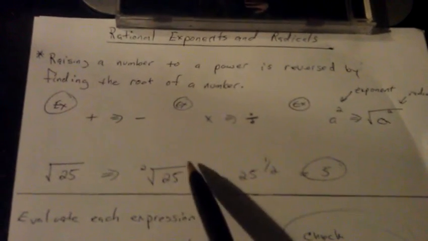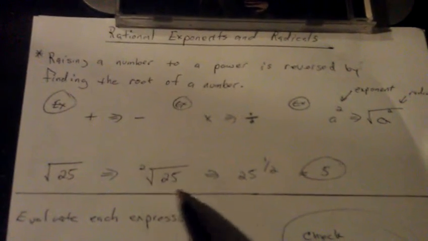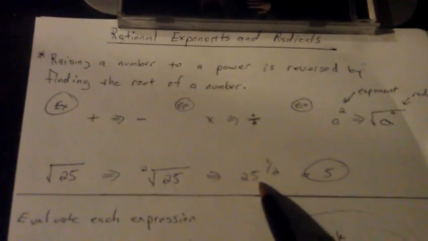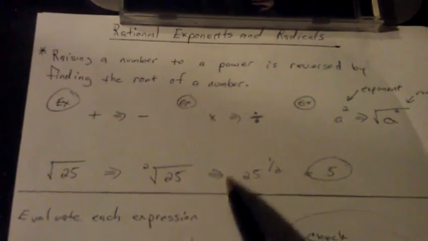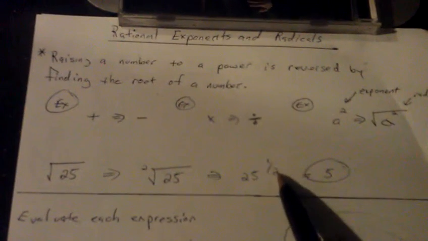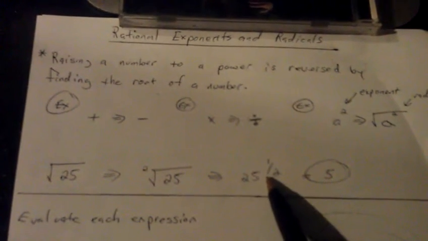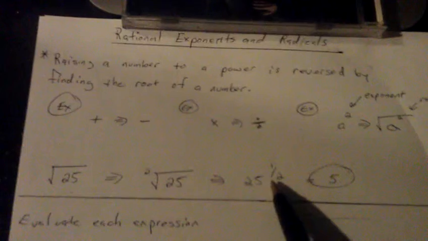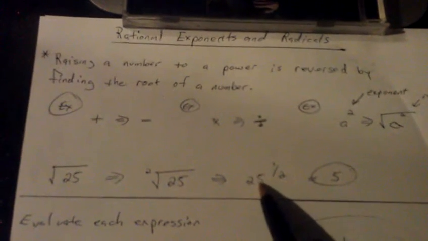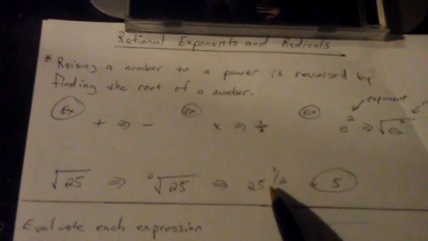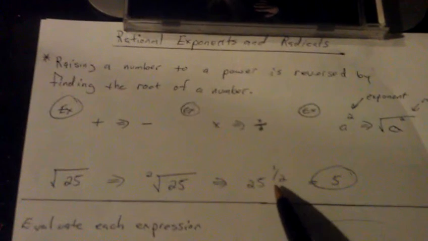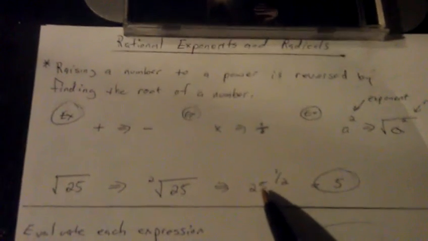Now, when we look at this statement right here, this numerical expression can be written as an equivalent, which is 25 to the 1/2 power. Most of the time we are really not used to seeing something like this, 25 to a 1/2 power, a fraction power. That doesn't make sense. But now we're going to learn something new.